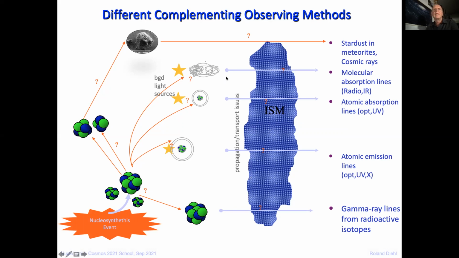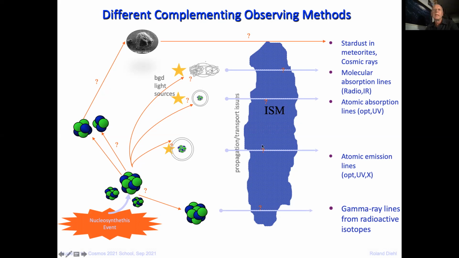Then we have molecular lines and atomic lines, which are observed against background sources. You have some background light source, for example a star that releases nuclear energy, and it provides the light source that shines through the photosphere. And so you see absorption lines in the photosphere from characteristic materials.